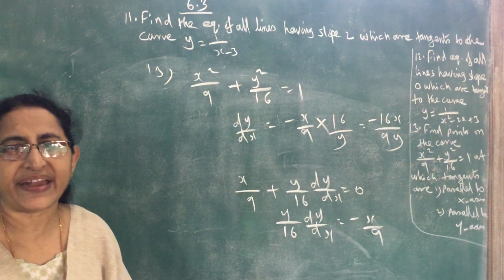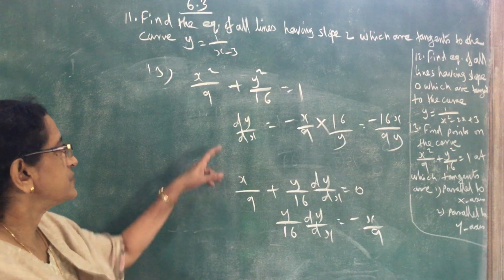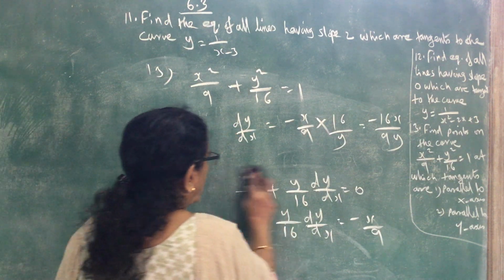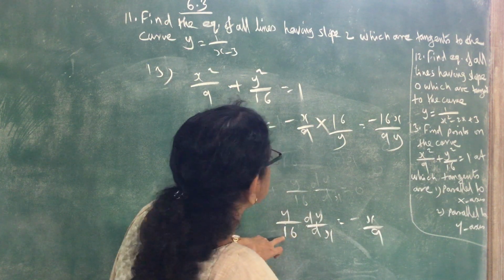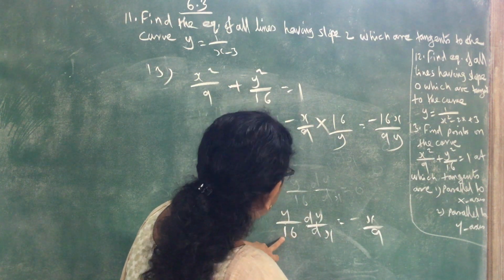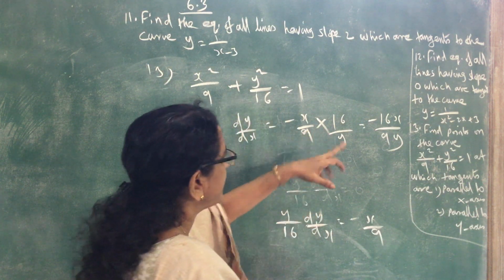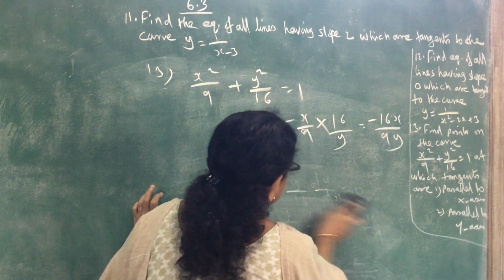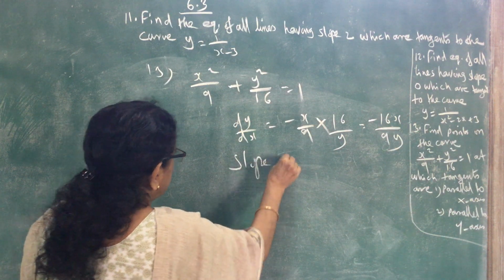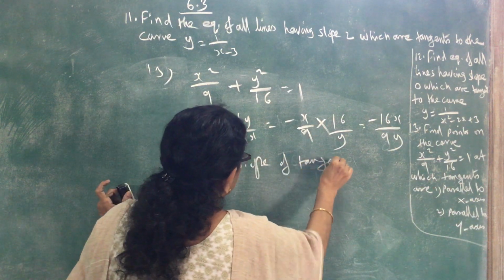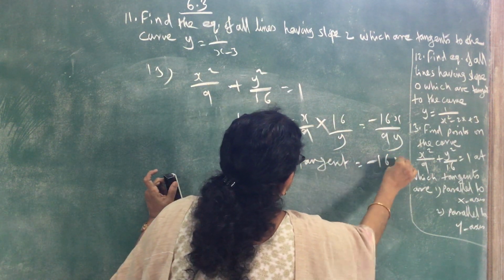So that is dy by dx, that is the slope of the tangent. So we got the slope of the tangent equal to minus 16x by 9y.